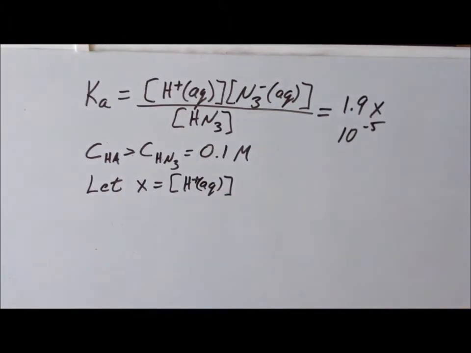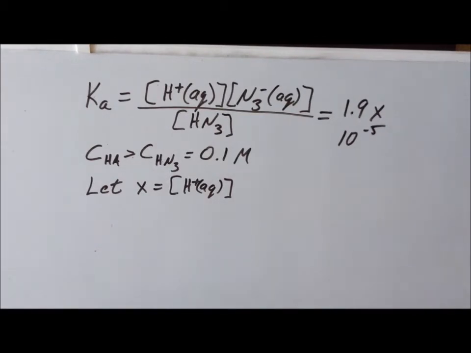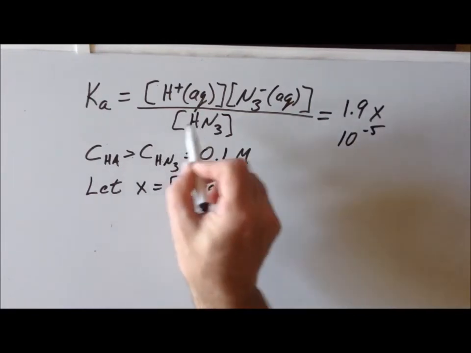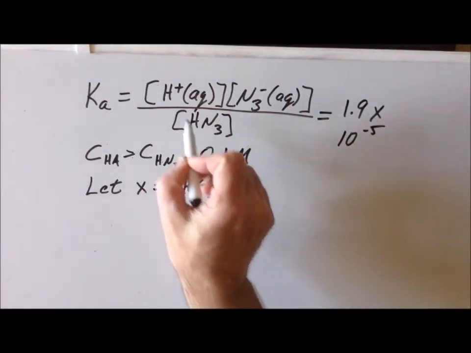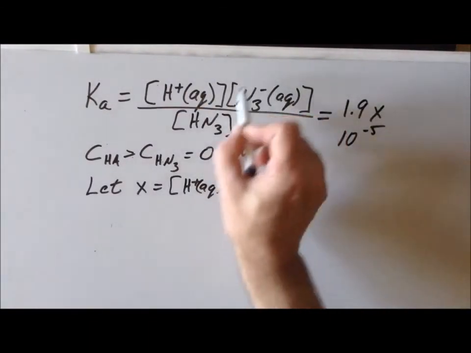One thing which we also notice is, if we rewrite the reaction that hydrazoic acid undergoes as it dissociates, we notice that for every 1 mole of hydrazoic acid that dissociates, we get exactly 1 mole of H plus and 1 mole of azide ion.